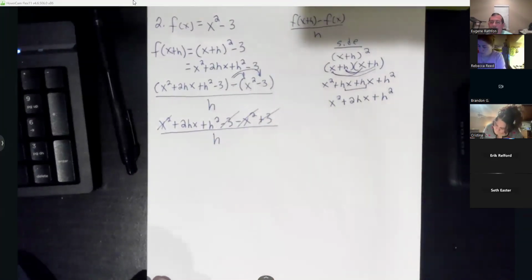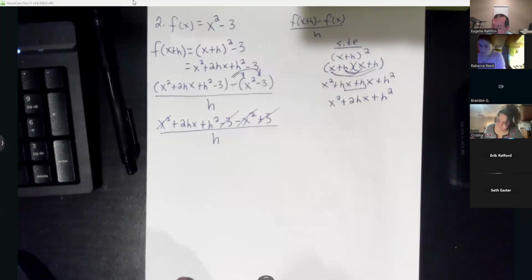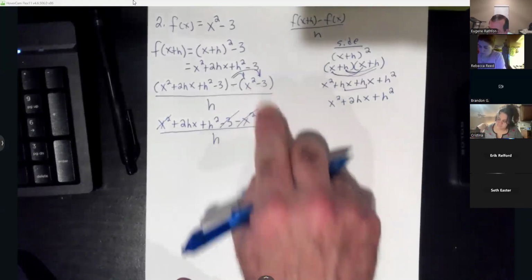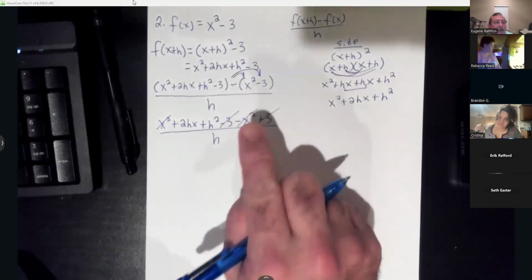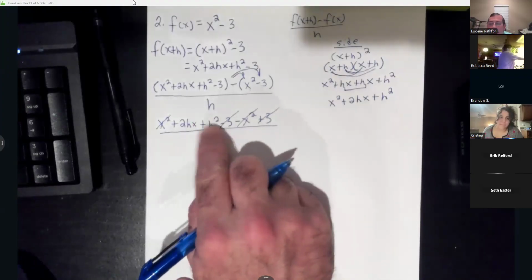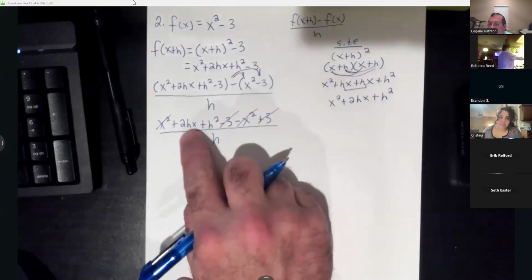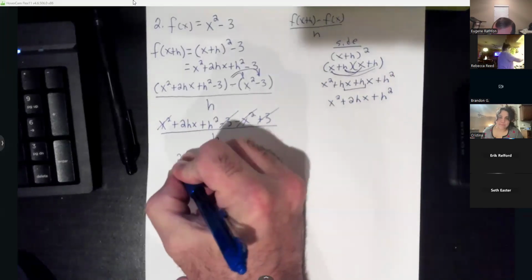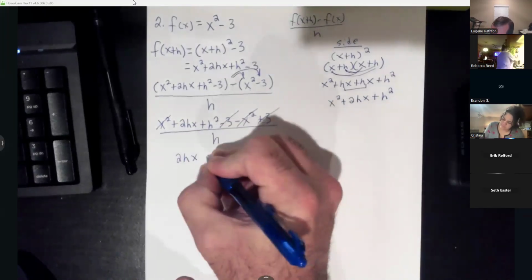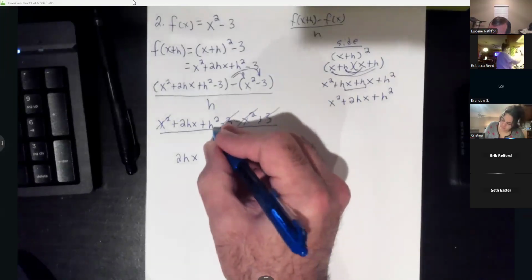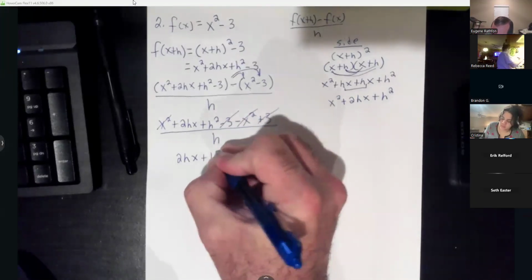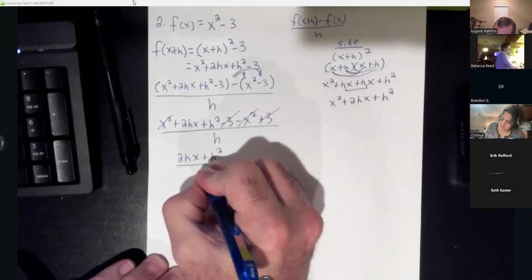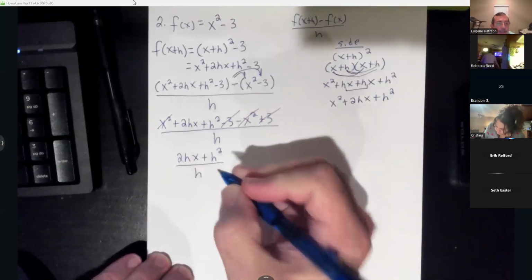Those are going to cancel out. So it looks like everything from the second parentheses is gone again. All that's going to be left are the h's on top, okay? So I got a 2hx plus h squared all over h.